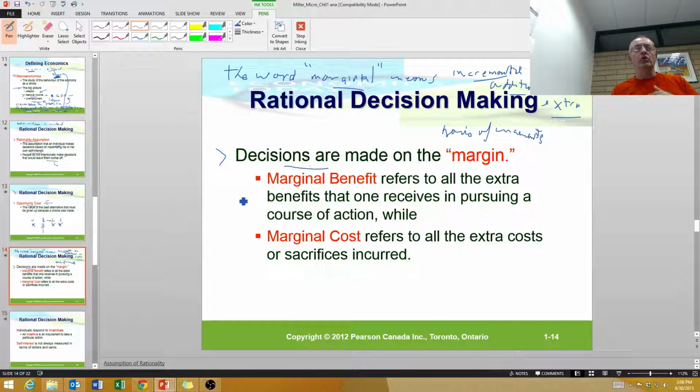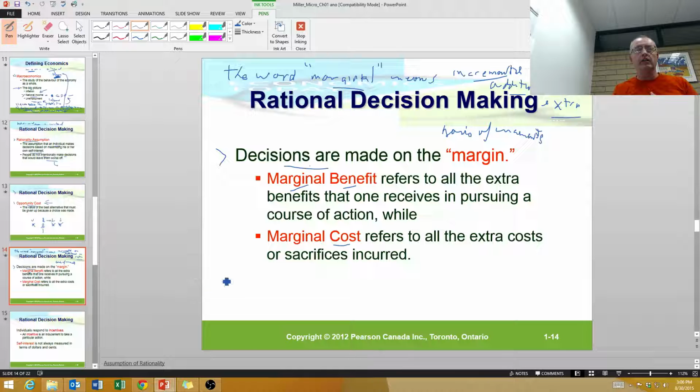And so in economics, we have two broad classes of marginal things. We have marginal benefits and we have marginal costs. And we're going to use these concepts of marginal costs and marginal benefits lots of times in this course. And there's lots of different flavors of marginal benefits and costs. These are just general classes.